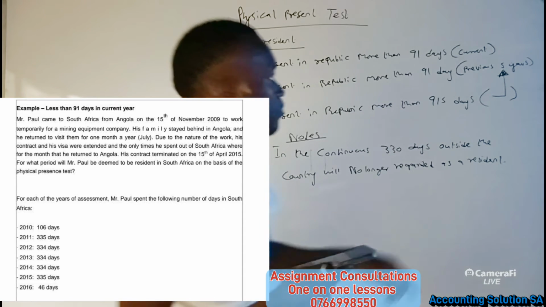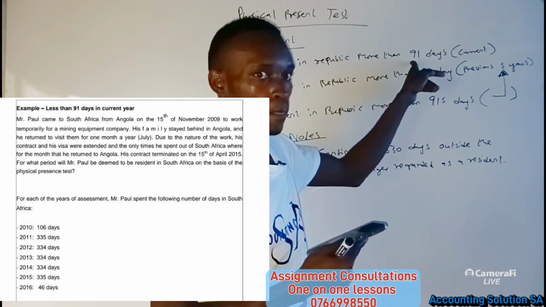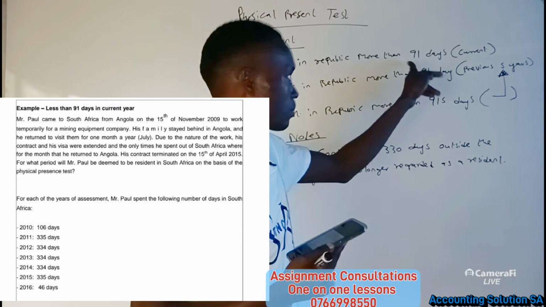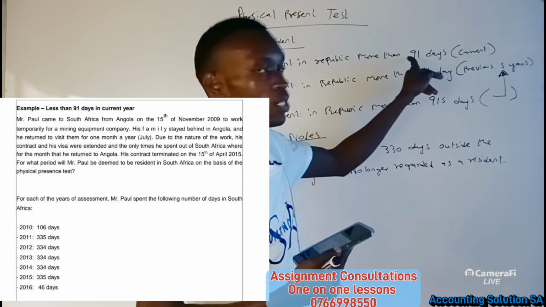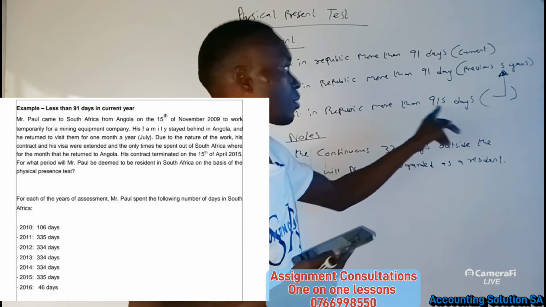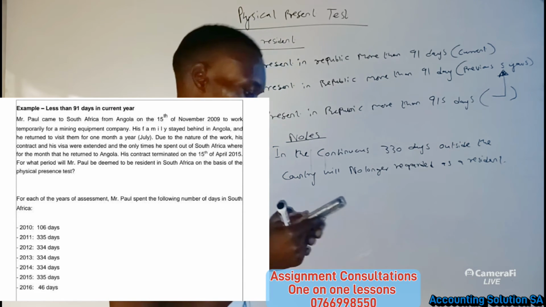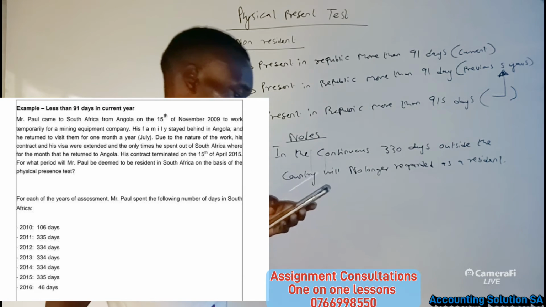Remember guys, if he is staying 91 days, it does not meet, because they say more than, which means it must be 92 and above, and 916 and above in aggregate. Now let's check the solution.